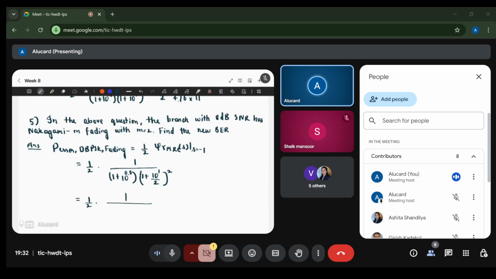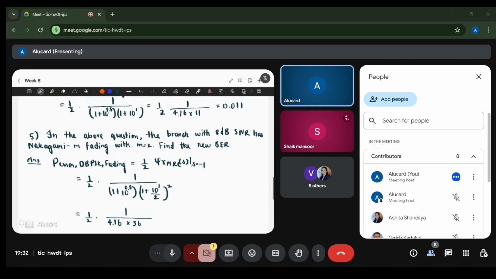This will be again 1 over. First term is same, 4.16. Second term is 86. So here you can see that the second term is larger.